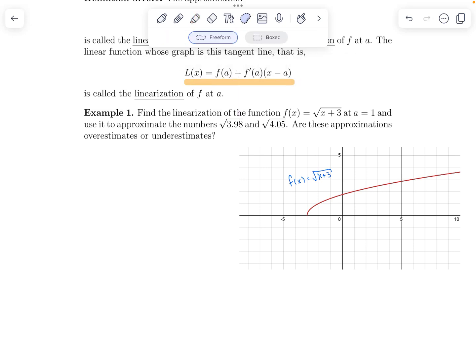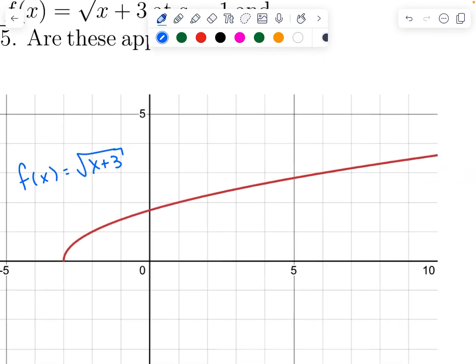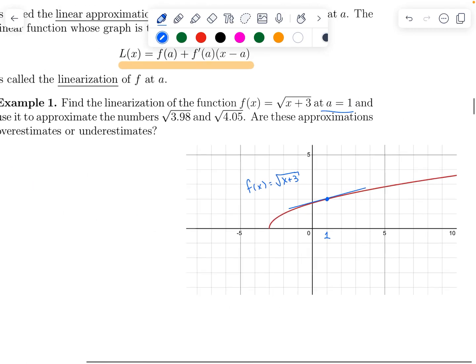So I've got to find out what's the tangent line to the curve at some point a. Well, in our case, we're looking for the tangent line at a equals 1. So if I go to 1 right here, I'm trying to find the tangent line to that curve that's just barely going to touch it at a equals 1.